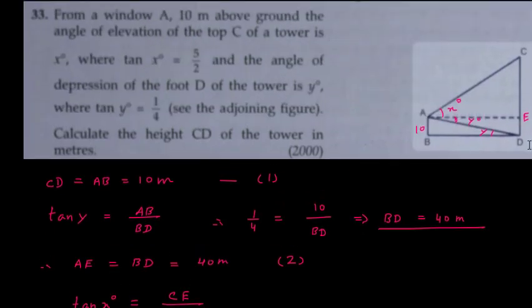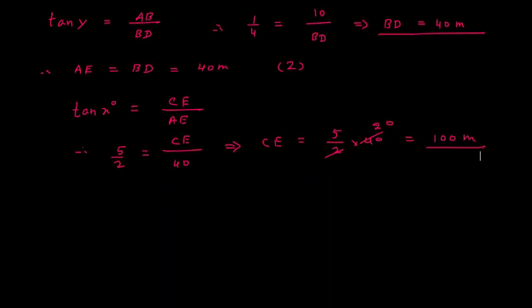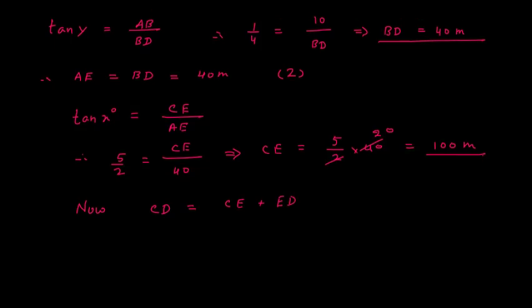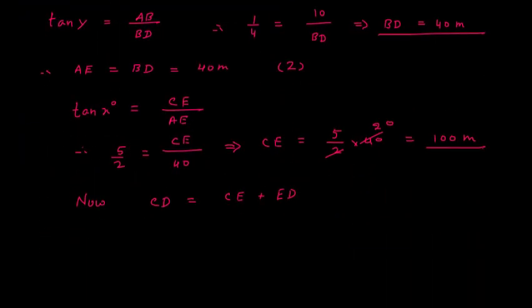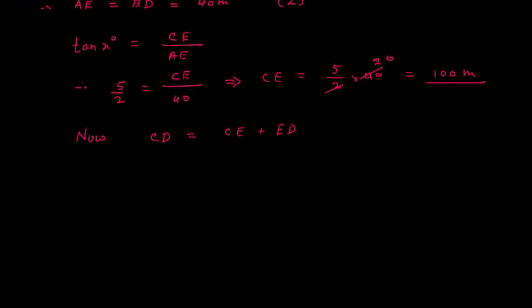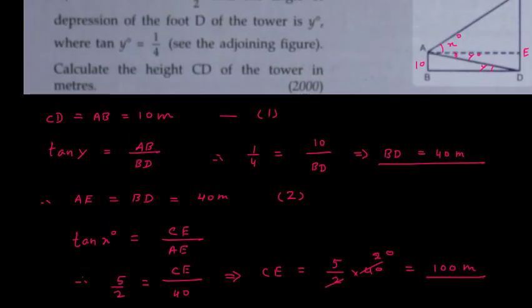Now CE is 100 meter and DE is 10 meter. So CD, total height CD. So now CD is equal to CE plus ED. CE plus ED, the value of CE is 100 meter plus the value of ED.